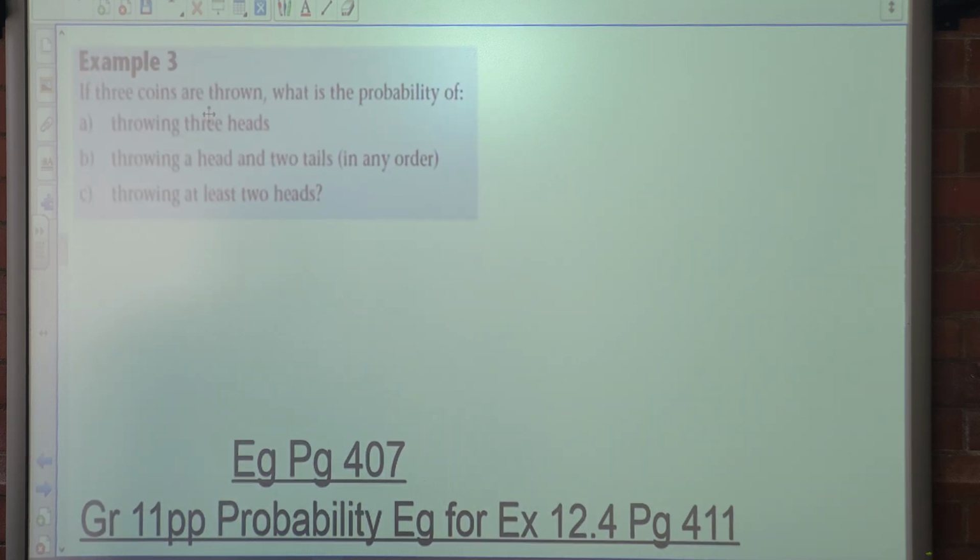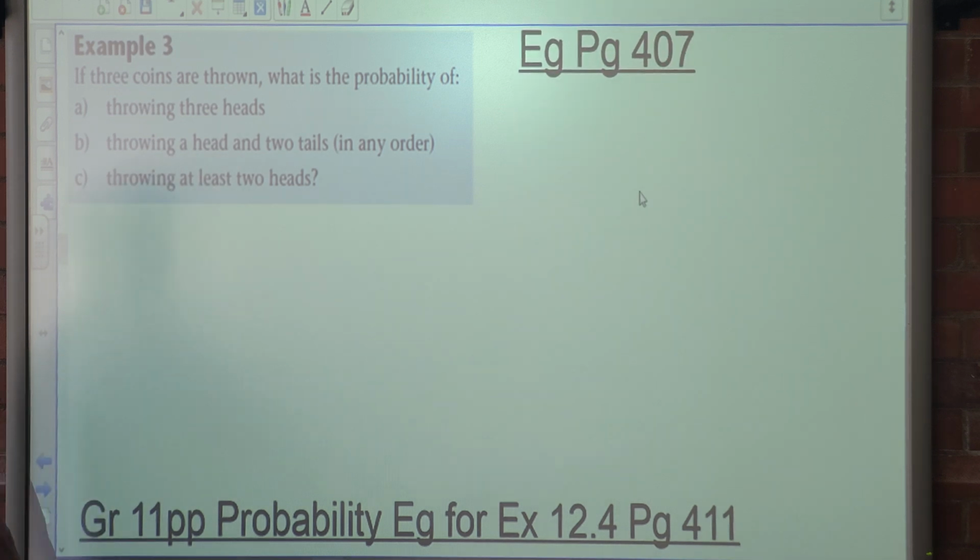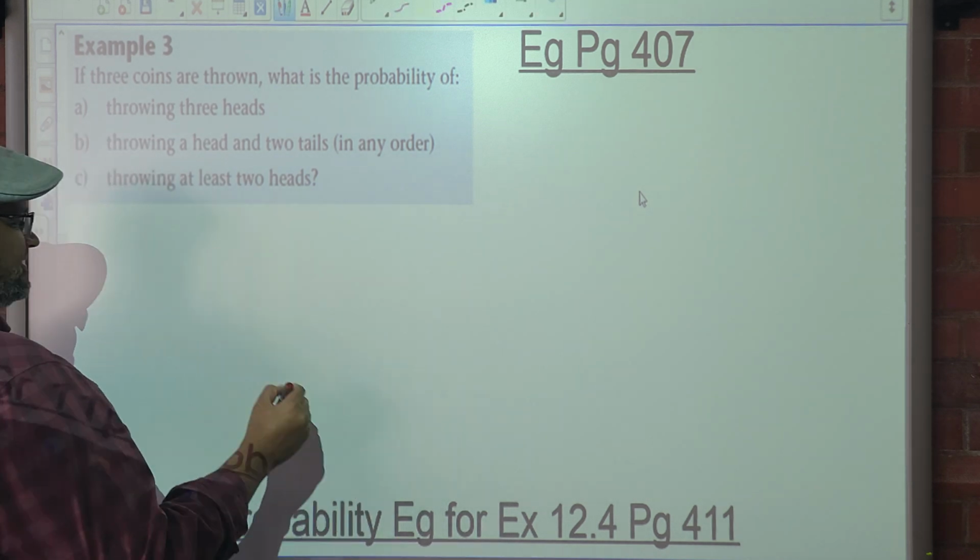Alright, number 3. If 3 coins are thrown, what is the probability of? So when we start, let's throw our coins off the table. Start 3, yes. That's 3 done.